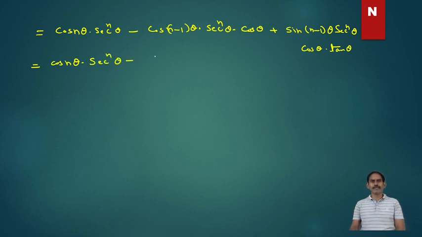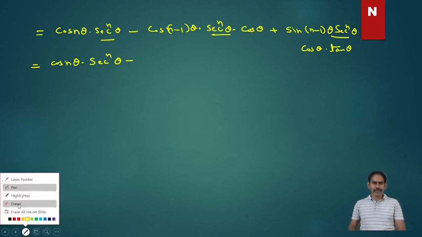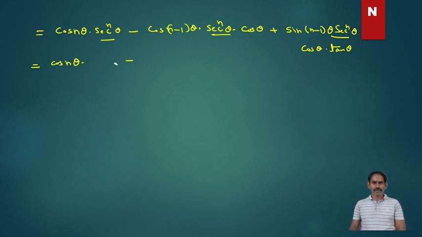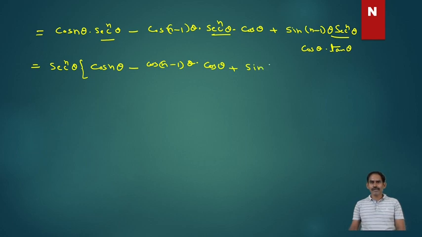In all cases there is secant power n theta, so write secant power n theta as common outside. The remaining terms: cos n minus 1 theta into cos theta, here plus sin n minus 1 into theta into cos theta.